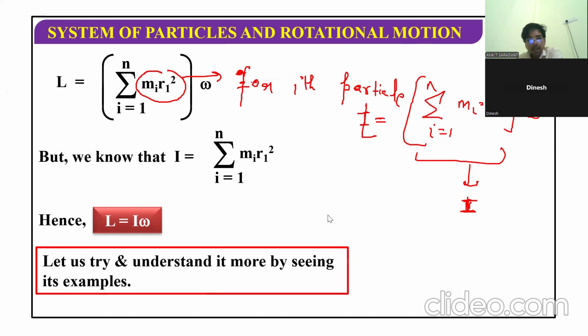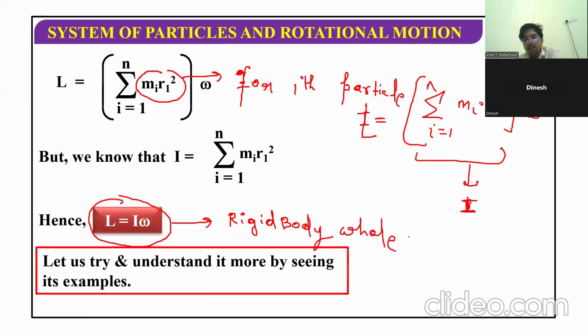Remember one thing, this formula you should apply only where? In the case of a rigid body, the whole body. And you know the derivation is coming from the particle formula L is equal to m r cross v.